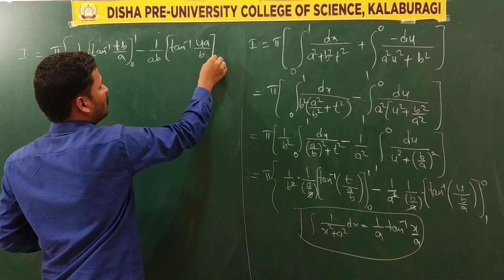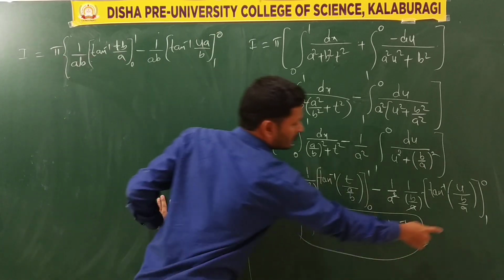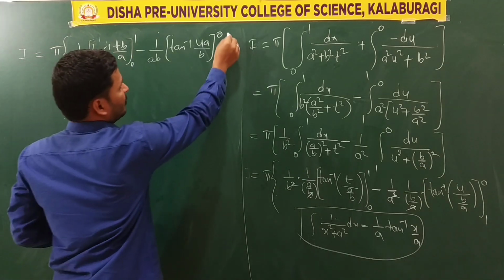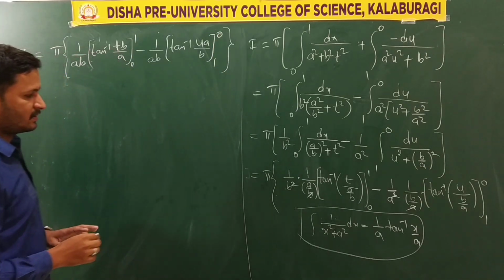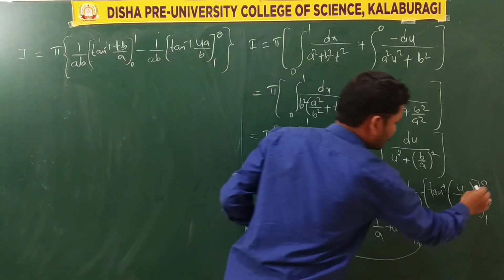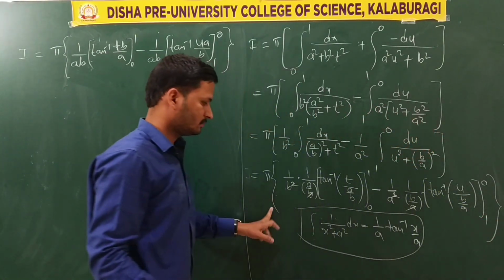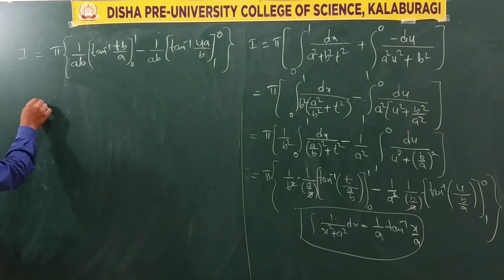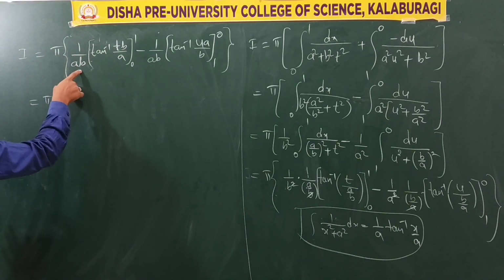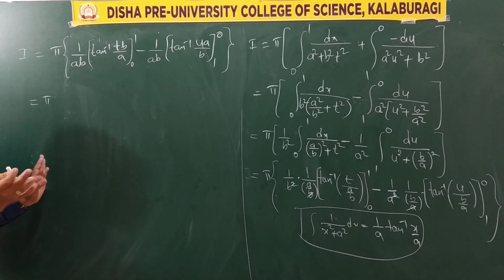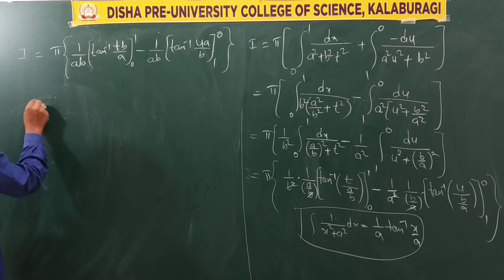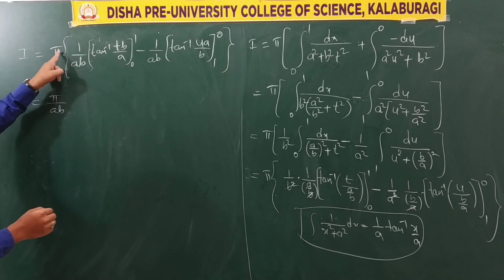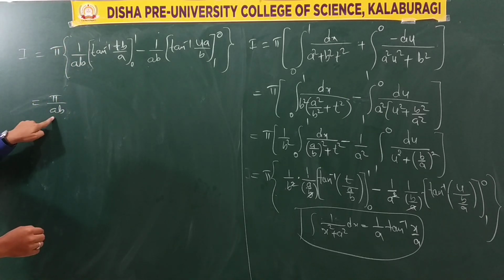Integral limits from 1 to 0, so in here limits from 0 to 1. Close the bracket, and now we close again. Then pi times of 1 by ab, take outside, so pi divided by ab common.